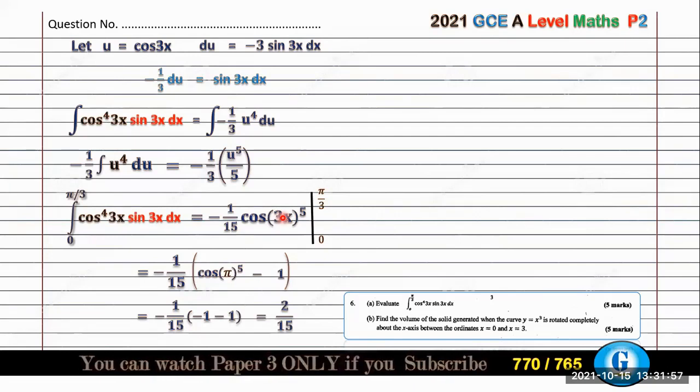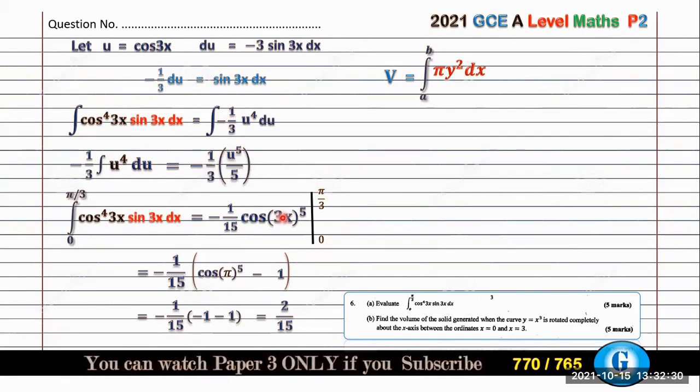Now let us find the volume of the solid generated when this curve y equals x cubed is rotated completely about the x-axis between the ordinates x equals 0 and x equals 3. This volume is defined as the integral from a to b of pi y squared dx. This is the integral we are looking for, the volume of a solid of revolution about the x-axis.